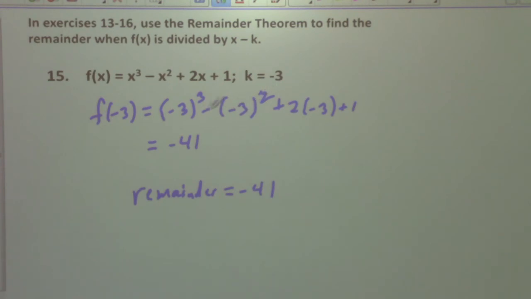Somebody just ended up adding 9 instead of subtracting 9. Why do you have to subtract 9 here? Because the square takes out the negative. Yeah, the square takes out this negative, right? So that's one thing that could cause some problems, but this is the right answer. Okay, thank you, Adam. Appreciate that.